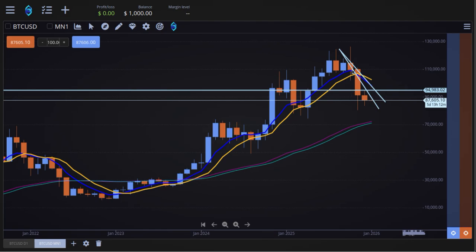Let's look back a little bit more. Every time the blue moving average was under the orange moving average, the candlesticks were trending down, from left to right. So all we're looking at is, when the blue moving average is under the orange moving average, the price is trending down.